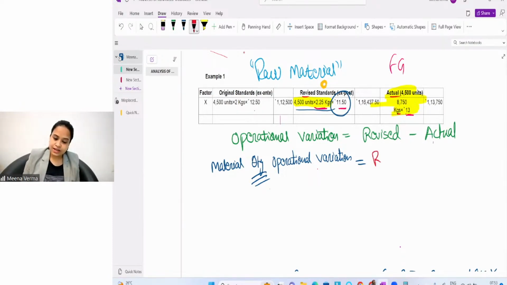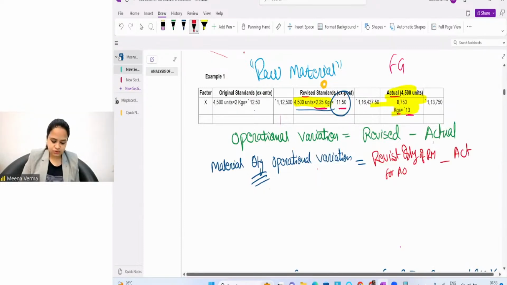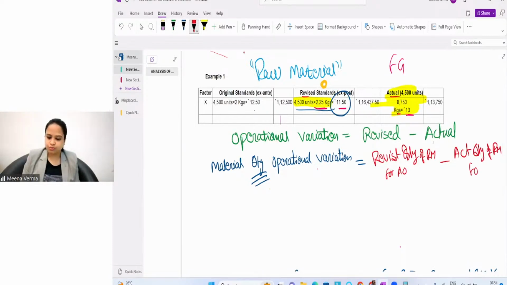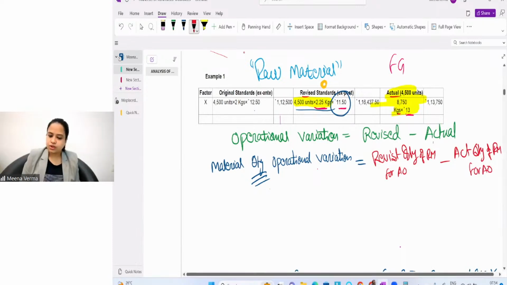You will see the revised quantity of raw material for actual output. Then you will see the actual quantity. You will see the actual quantity of raw material for actual output, right?